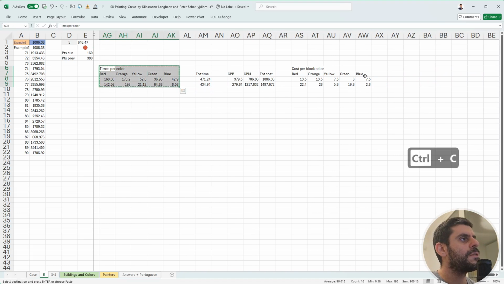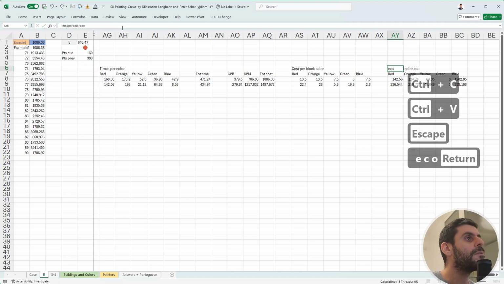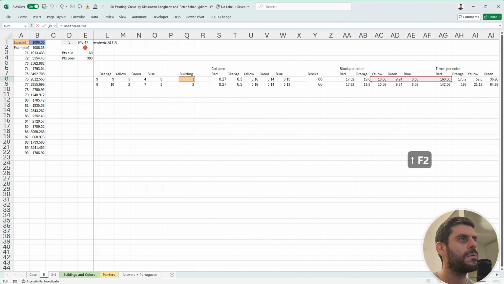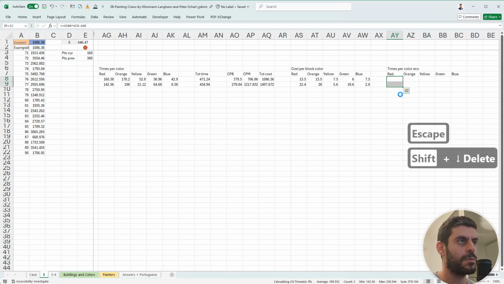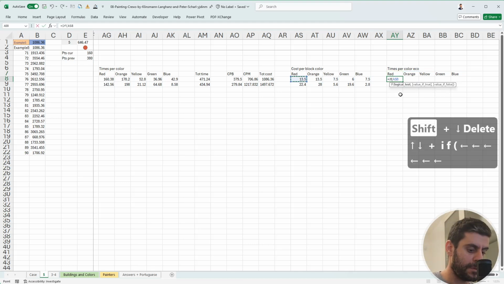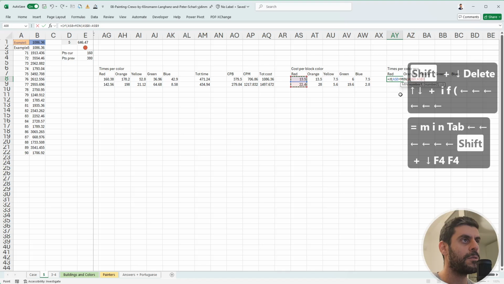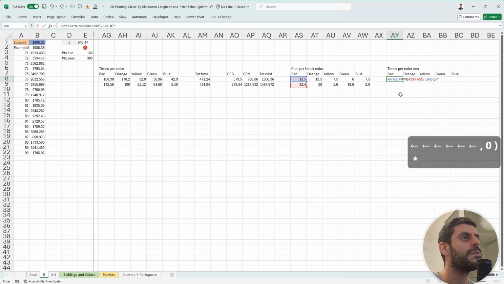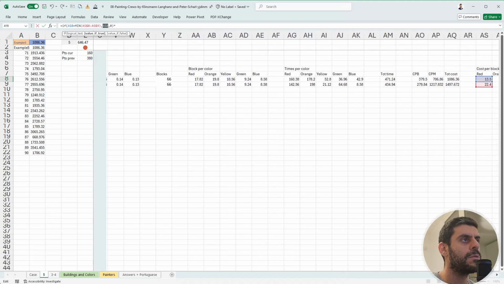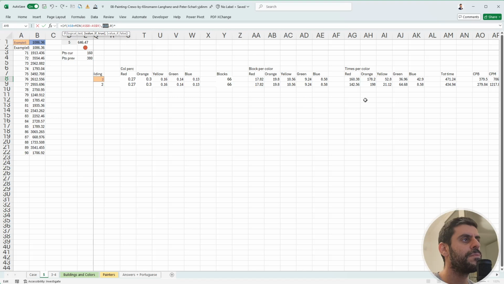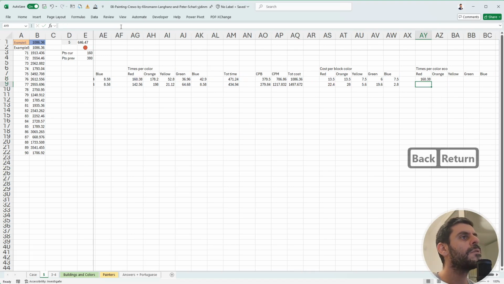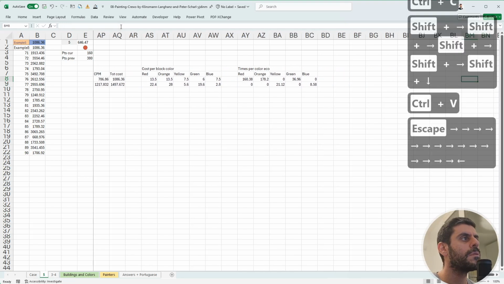So I sort of need this echo. Plus if this equals the minimum of this row, this, otherwise 0 times, no, it's the time. Okay.